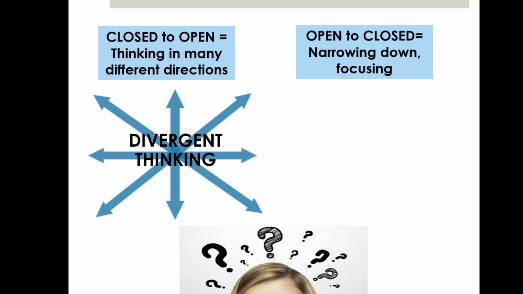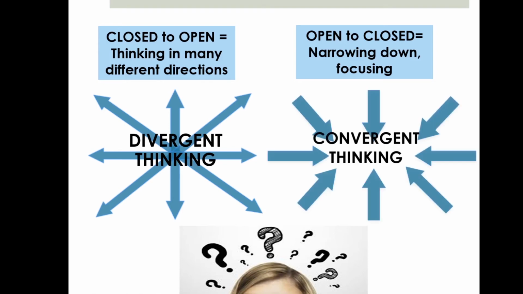When we're doing closed to open, we're asking kids to think in many different directions. But when we're asking them to do open to closed, let me see here if I can get this going. There we go. We are asking them to narrow down and focus and do convergent thinking.